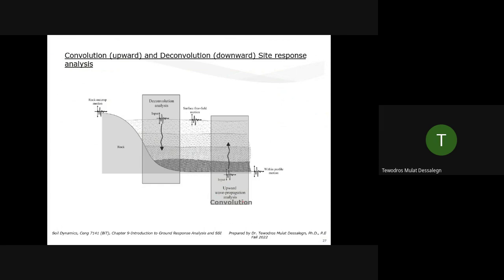Convolution upward: you have input at the bedrock, and you go upward and try to estimate the ground surface. The name is convolution. Deconvolution analysis has more details to do it; I'm just introducing you. If you have input motion at the top and try to estimate it at the bedrock, that step is called deconvolution analysis. So don't get confused between convolution and deconvolution approaches.